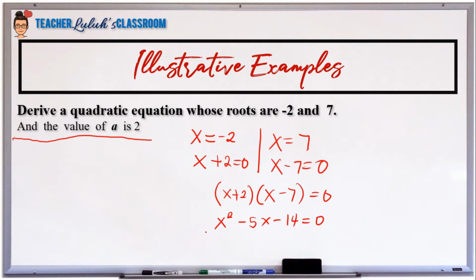And that will mean that we are going to multiply our whole equation by 2 because of the specification. So that is 2x squared minus 10x minus 28 equals 0. There, we now have a quadratic equation whose roots are -2 and 7, and a is 2. Got it? I know you got it.